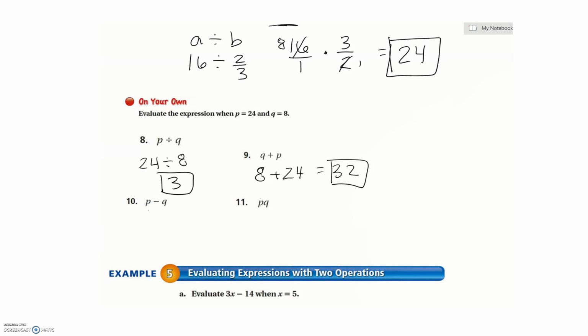Then I have 24 minus 8. And then this operation, these are two variables squished up next to each other. We talked about when numbers are squished up next to something, that means multiplication. So we are multiplying here. So I have 24 times 8.